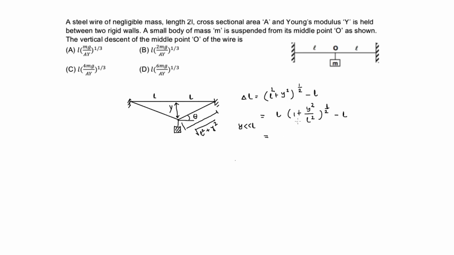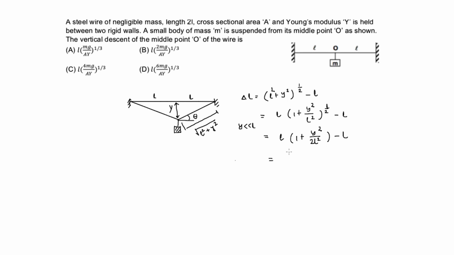I can binomially expand this thing. So it is 1 plus y square by 2L square minus L. So it is L plus y square by 2L minus of L.